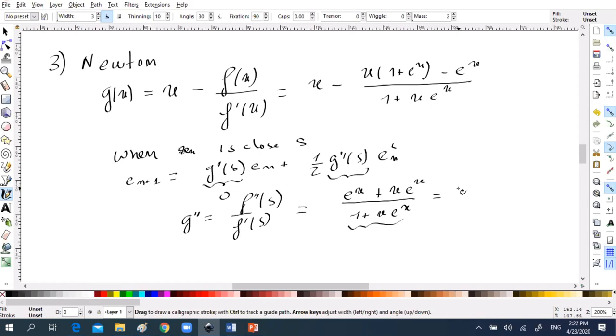I don't know if we can show in this case that it's quadratic. I'm not sure we can show it here.